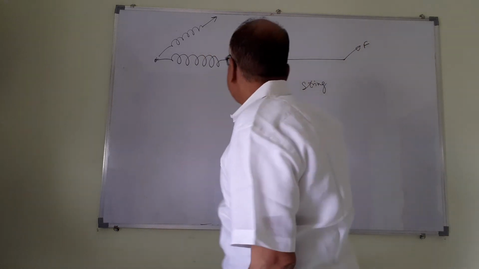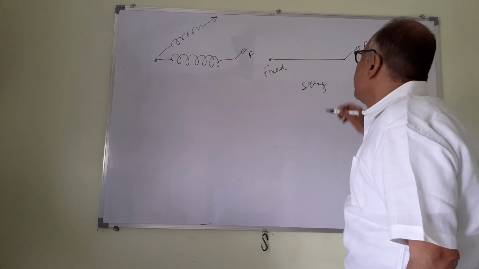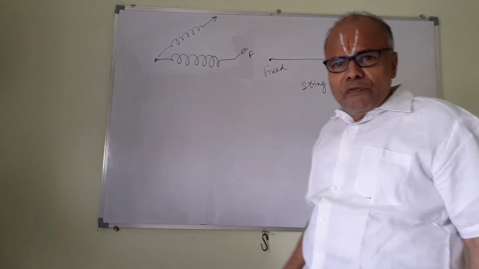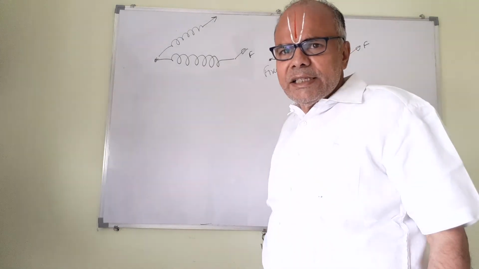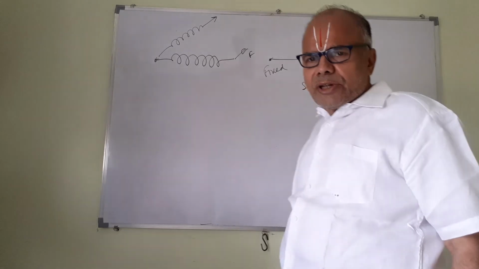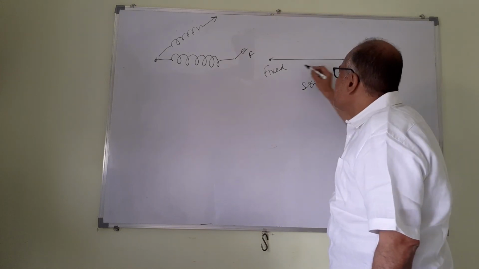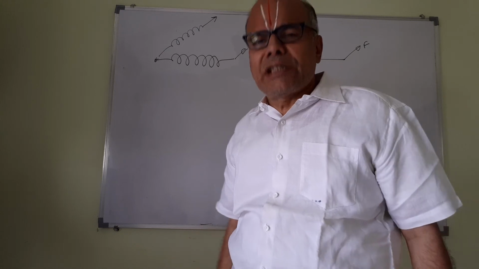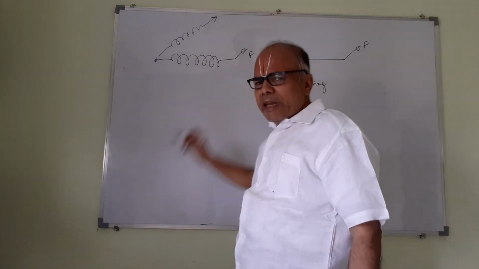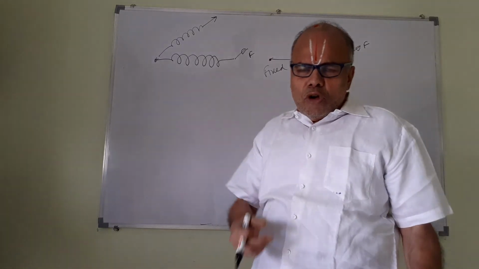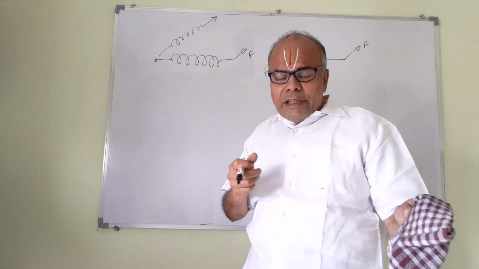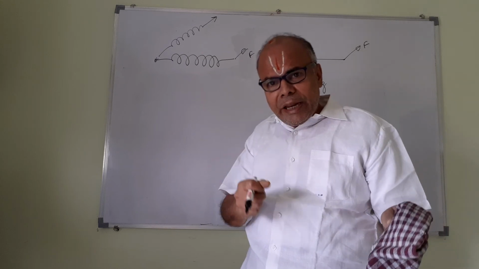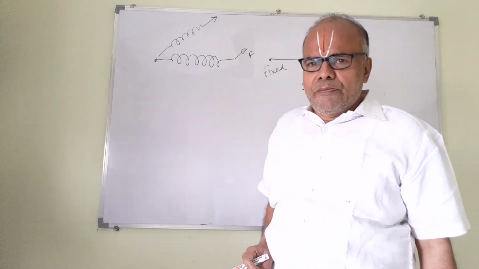Then, another important difference is that a string can transmit a force without any distortion. An ideal, inextensible string can transmit a force without distortion, that is, almost instantaneously. But a spring is a bit slow, because unless it gets distorted, that is, extended or compressed, it will not transmit a force.